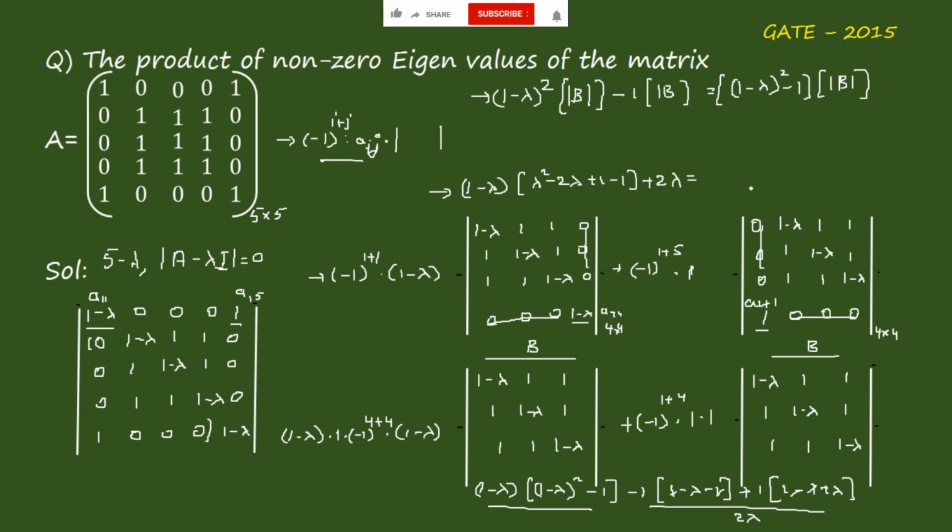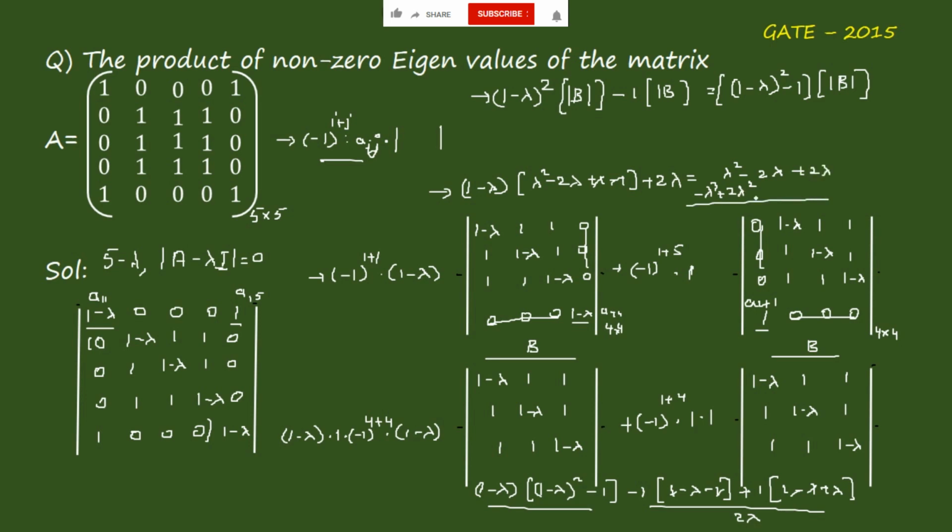Which is equal to, as these two get cancelled, just multiply these two, it becomes lambda square minus 2 lambda, then it becomes minus lambda cube, minus 1 gets cancelled, it becomes plus 2 lambda square, right? 2 lambda square, and plus 2 lambda, right?